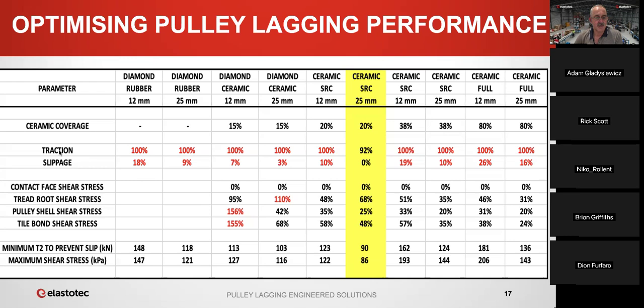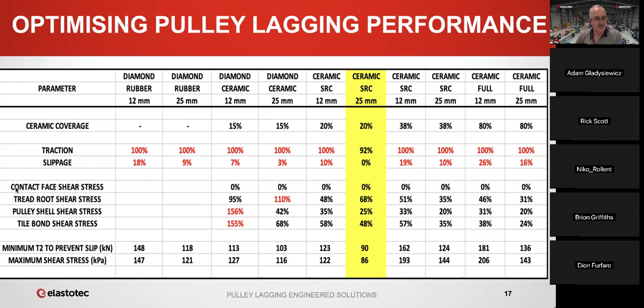And then here you can see what we call the traction and the localized slippage. You see the levels of localized slippage. There is only one lagging that had no localized slip, which was this 25mm version of the checkerboard.